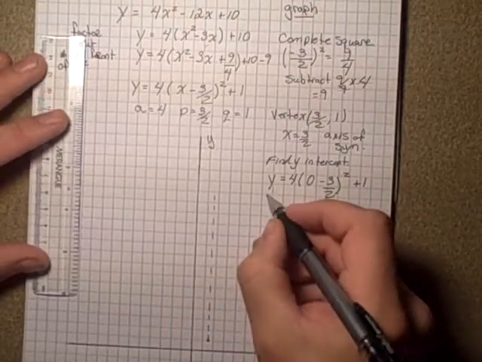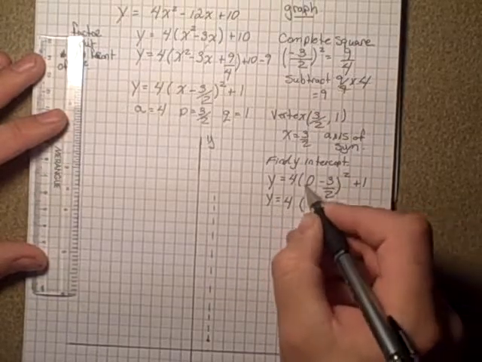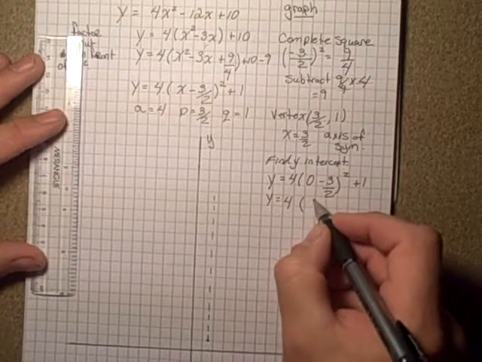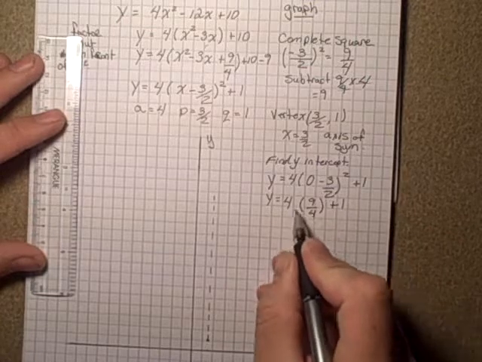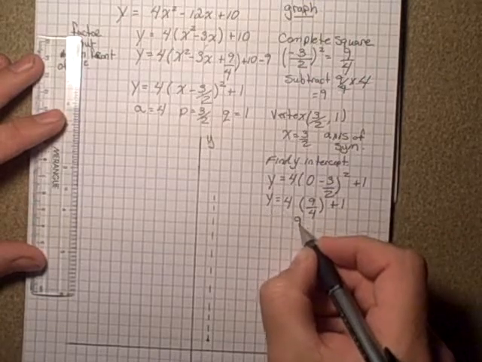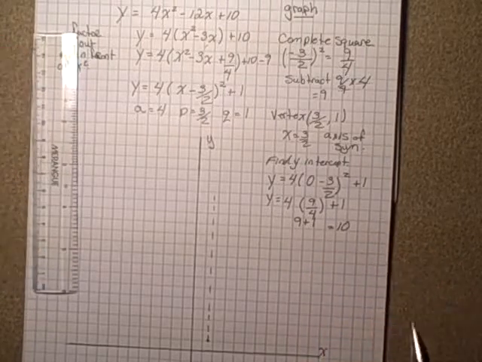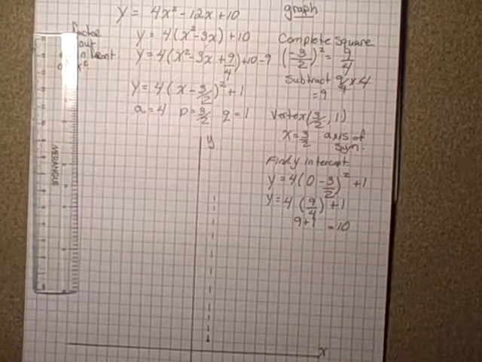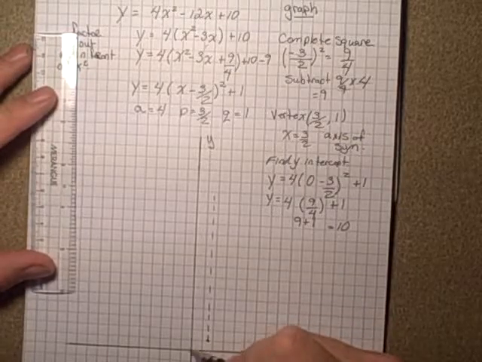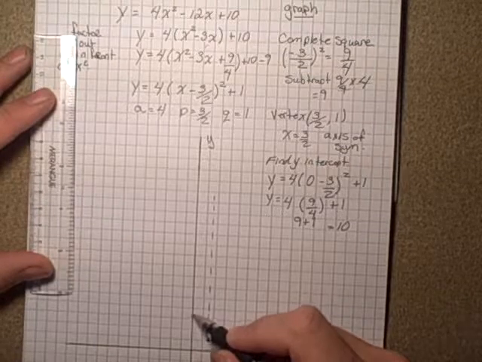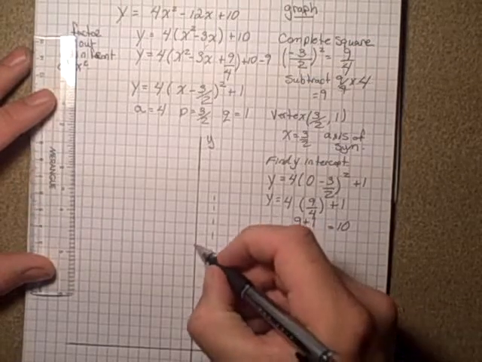Since the 0 is just out of there, this squared would be 9 over 4. 4 times 9 over 4 is 9, plus 1, which would equal 10. So our y-intercept is 10. We'll go 1, 2, 3, 4, 5, 6, 7, 8, 9, 10 right there.